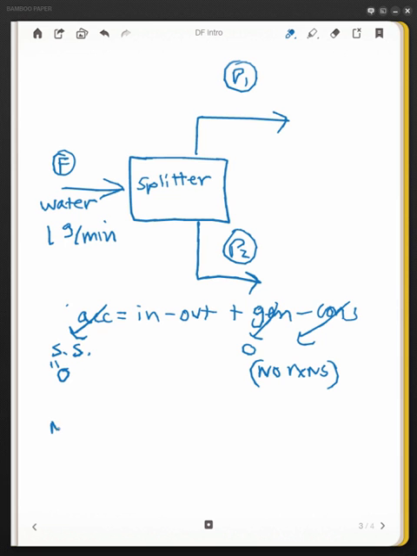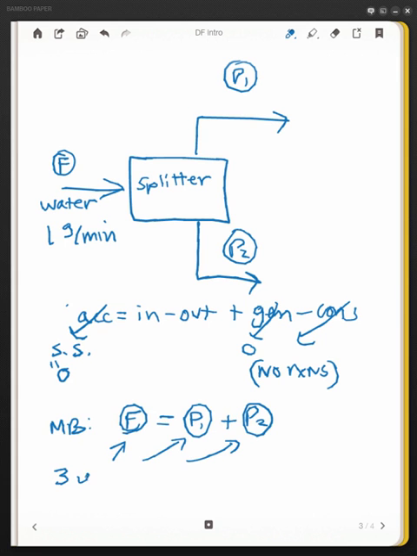The mass balance equation for that is that the flow rate of F is equal to the flow rate of P1 plus P2. So we have three unknowns, and you have one equation.